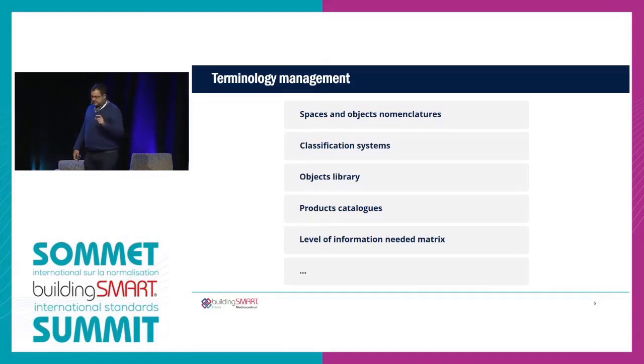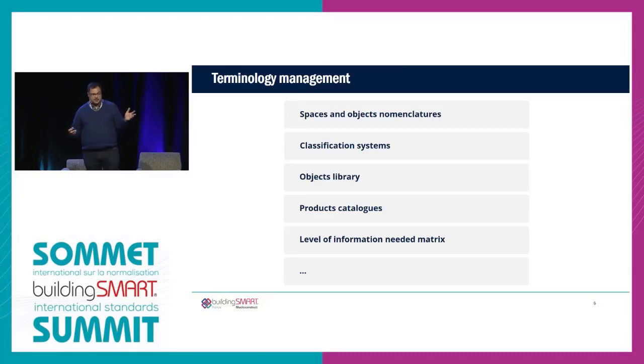And the conclusion is classification systems are not flexible enough to cover all of the points of view to define the terminology used by all of the actors and stakeholders of a project.